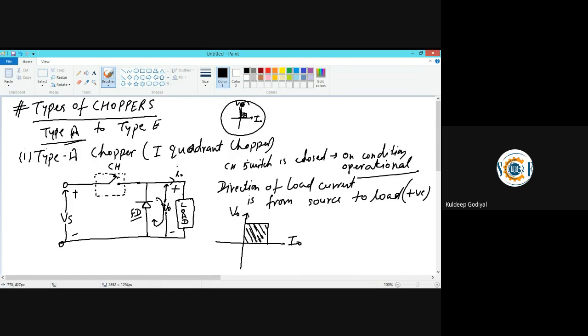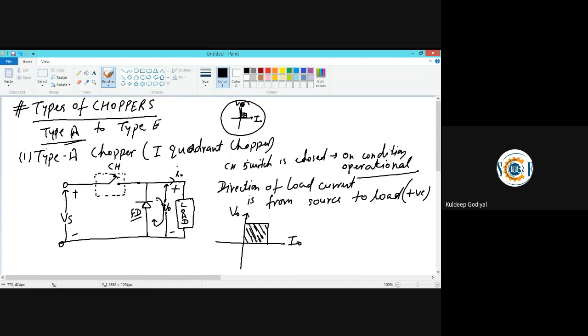What happens is that we take the output from these choppers by making various kinds of combinations, type A, type B or some other, or a combination of any two or more than two.